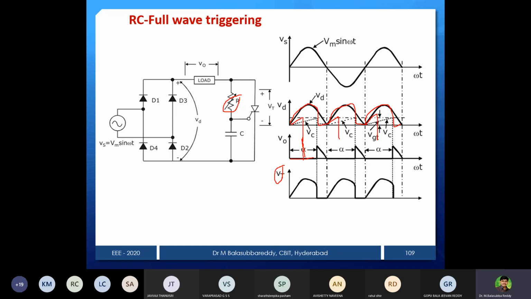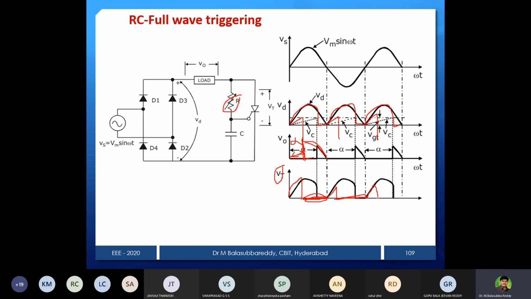Then your firing angle will be like this. This is your alpha, and this is your output. And the voltage across the device, what is the modification? Only up to this it will be off, then the rest will be 0, like this. Again it will be on like this, then it will be 0.